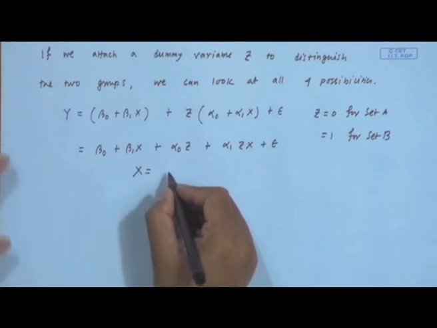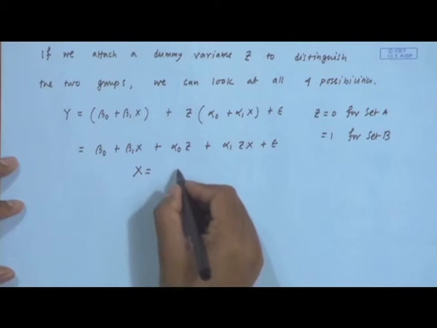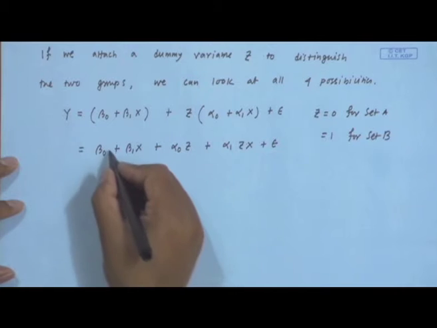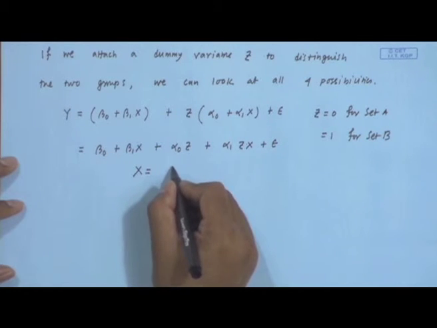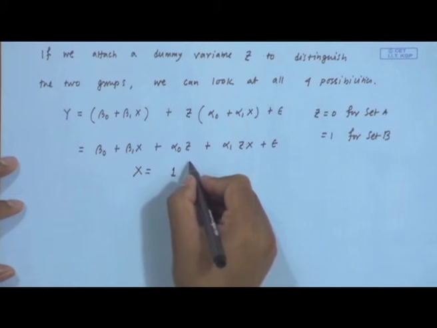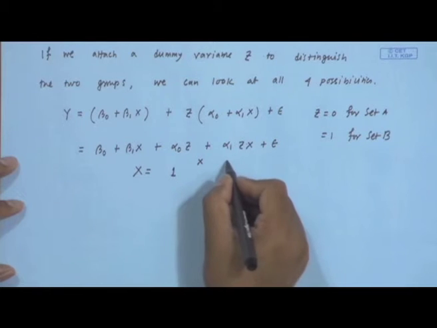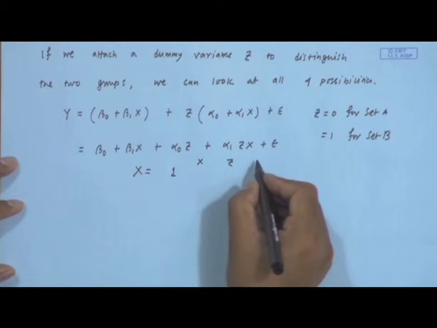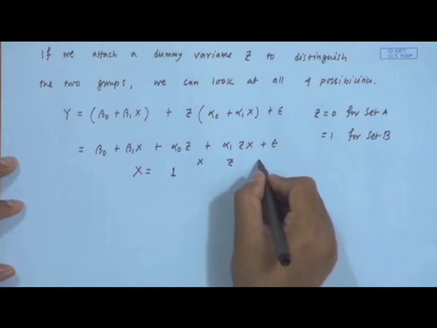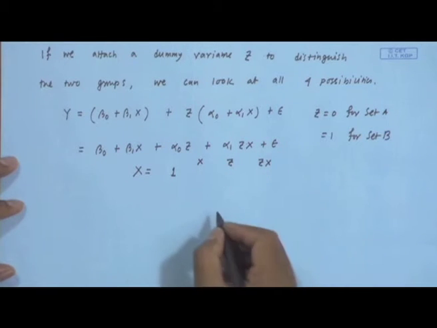The first column is all 1 of course, and let me put only 1 here, and then I will have a column for x, a column for z, and a column for zx. Okay.